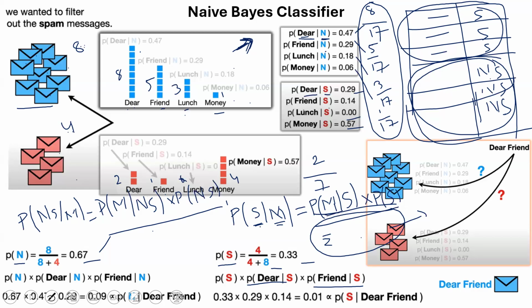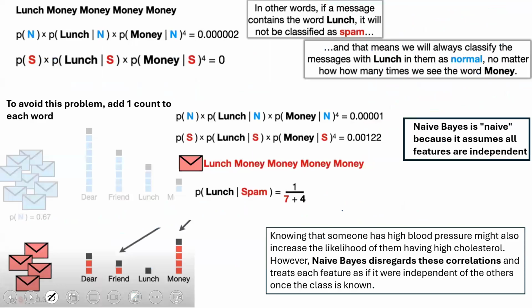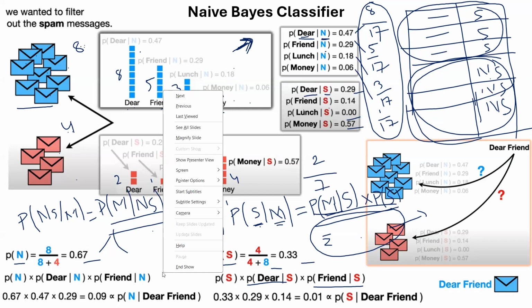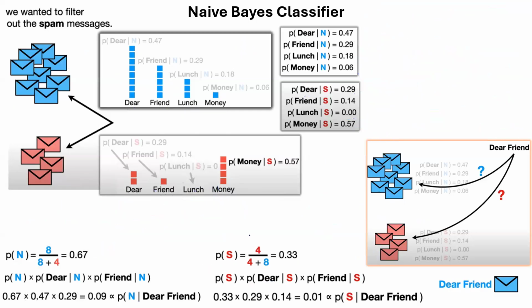If you're getting a new message, let's go back here. Now you have got all your calculations and you have also understood that you only need to bother about the numerator in the Bayes rule and forget about the denominator. Now you are given a new message and you want to classify that as spam or not spam.